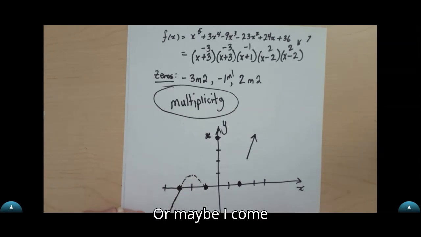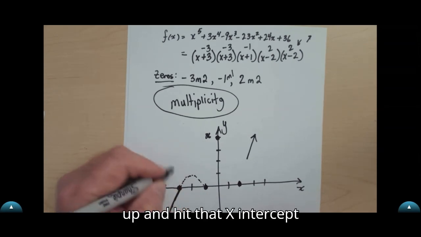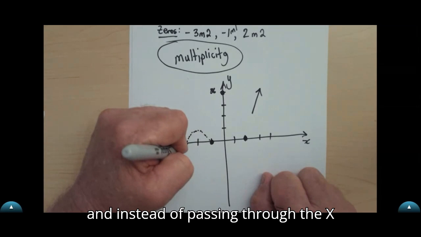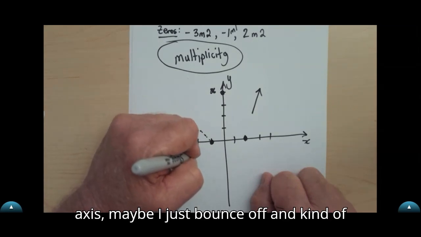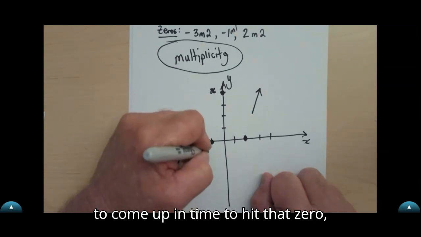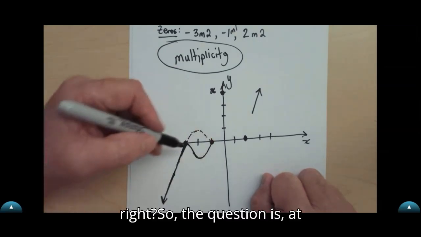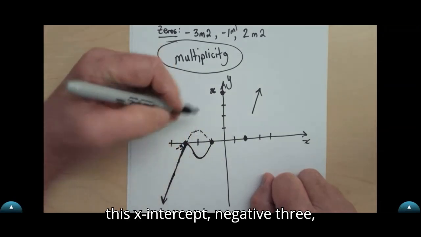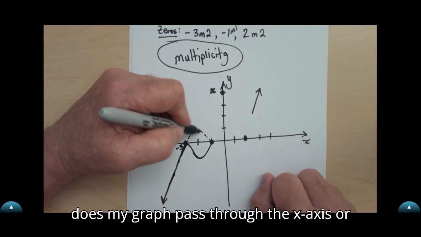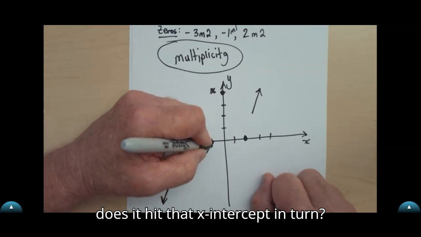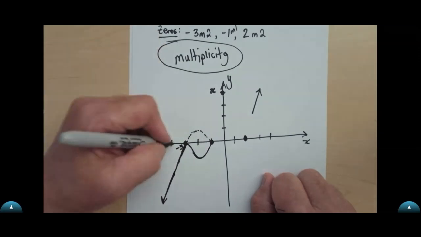Or maybe I come up and hit that x-intercept, and instead of passing through the x-axis, I just bounce off and kind of turn down again. Now, if I do, I've got to come up in time to hit that 0, right? So the question is, at this x-intercept, -3, does my graph pass through the x-axis or does it hit that x-intercept and turn?